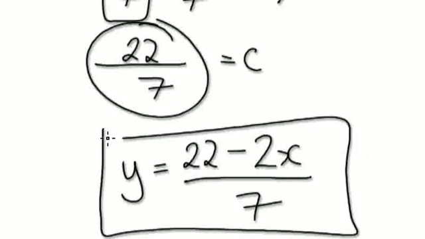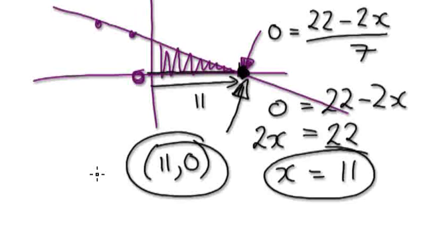So this will be 22, and then divide both sides by 2. So x equals 11. From here to here, it's going to be 11. So the exact coordinates for this point would be 11, 0. So this here would be your answer.